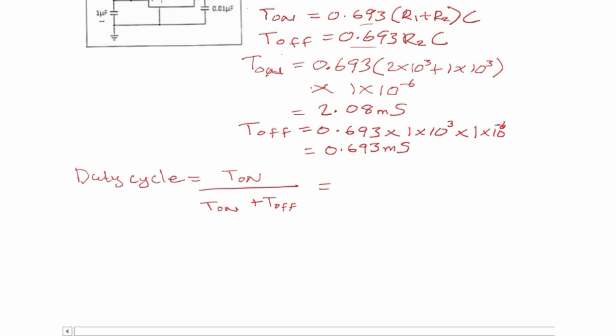Now, what did we get as our T on? We had it to be 2.08 milli, all over the summation of them, 2.08 milli plus, what is our T off? 0.693 milli.